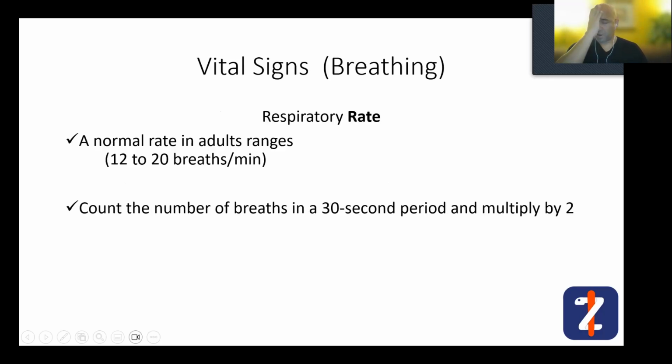All right, with respiratory rate, again, we spoke about this in the presentation on vital signs, is respiratory rate, the time. So we know that the average normal rate for an adult is 12 to 20 per minute. Then we're going to have to count. One, I'm exaggerating, so you can see my chest rise.